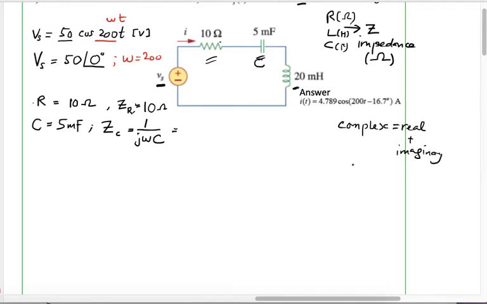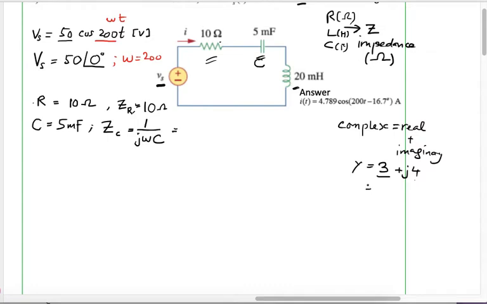For example, let's say you have y, and this y has a real component of, for example, 3, and then you have j4. So the real part of this complex number y is 3, and the imaginary part is 4.